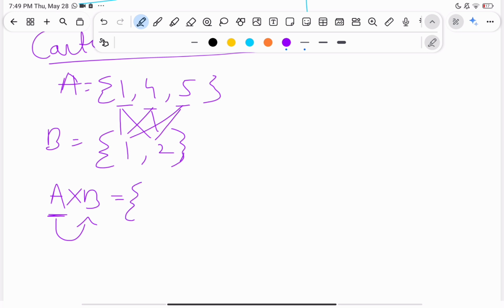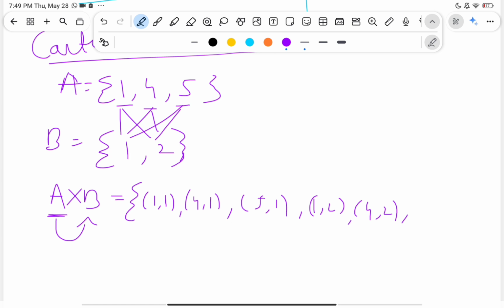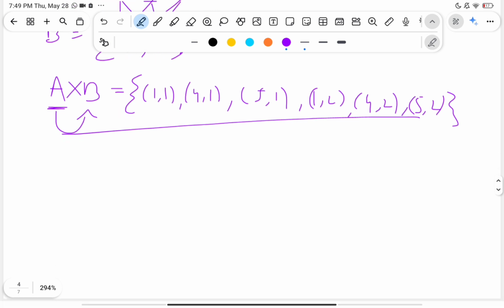Here we get the ordered pairs (1,1), (4,1), (5,1), (1,2), (4,2) and (5,2). This is A cross B.